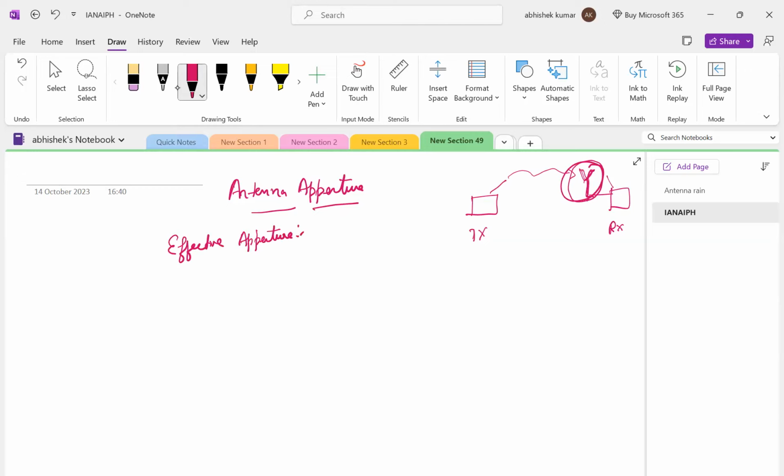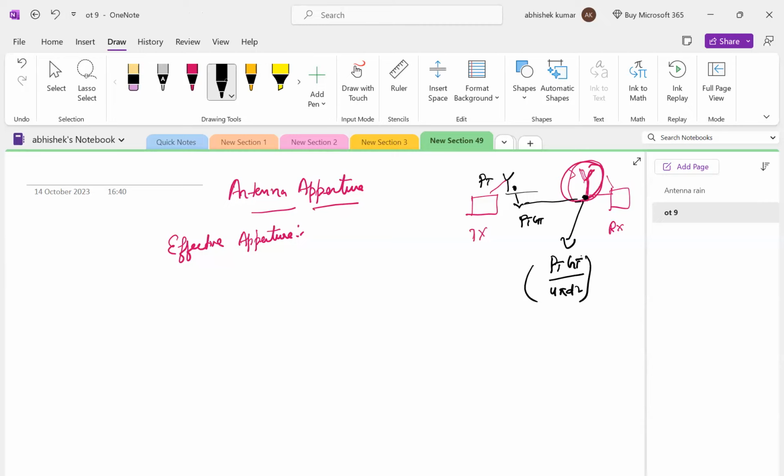Suppose this is the PT, the power transmitted, and this PT will be multiplied with the gain of this antenna. So here I will get PT GT.